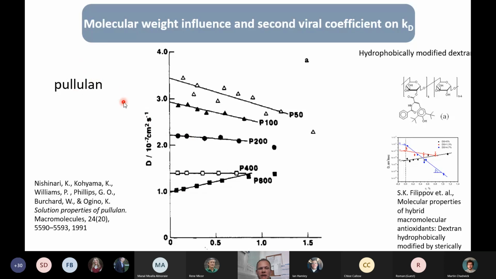Japanese scientists studied pullulan, a nice polysaccharide polymer, with different molecular weights: 50 kilodalton, 100, 200, and 500 kilodalton. They measured the diffusion coefficient as a function of the concentration of pullulan in solution, and you can see that this diffusion coefficient is clearly concentration dependent.